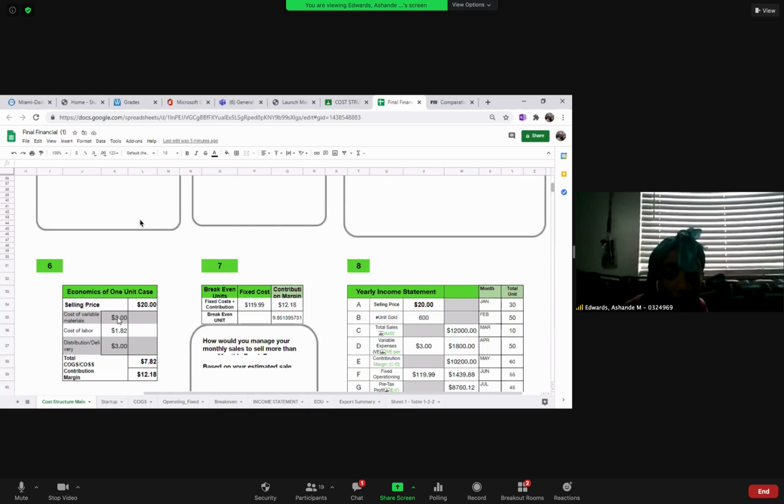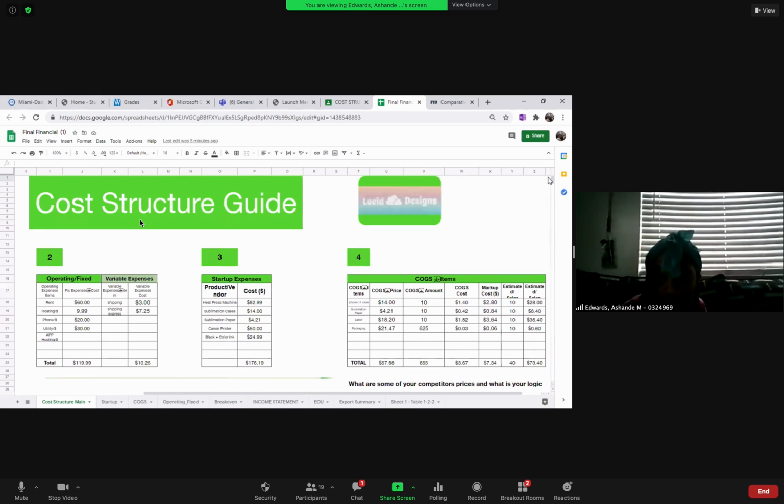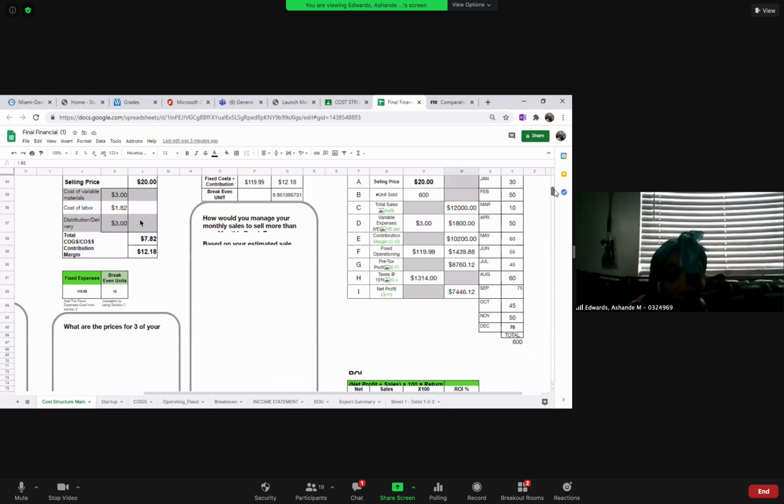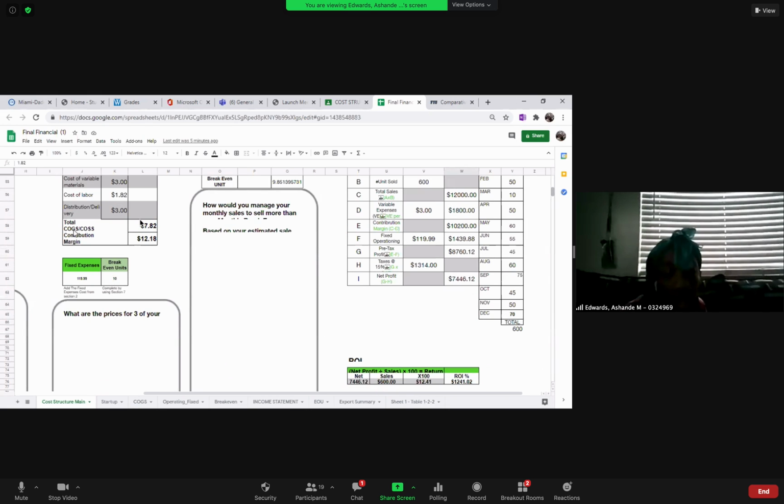So I got $3. Then the cost of labor, I got 1.82, and that is from here where it says labor. When I did the 18.20 divided by 10, I got 1.82. So I put 1.82, and my distribution slash delivery, I also put $3, and my total COGS was 7.82, and my contribution margin was 12.18.